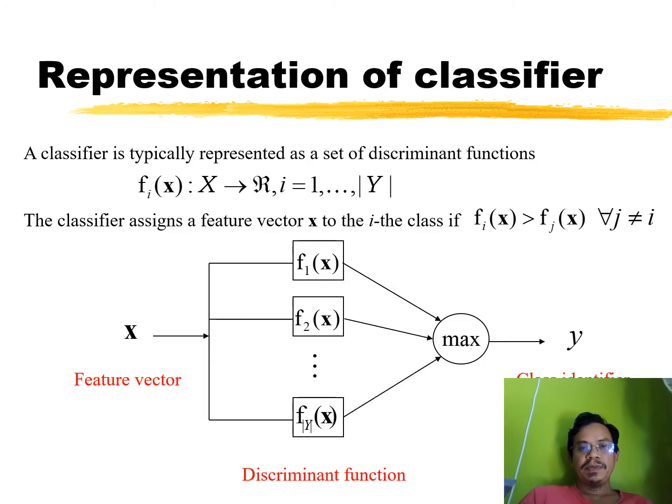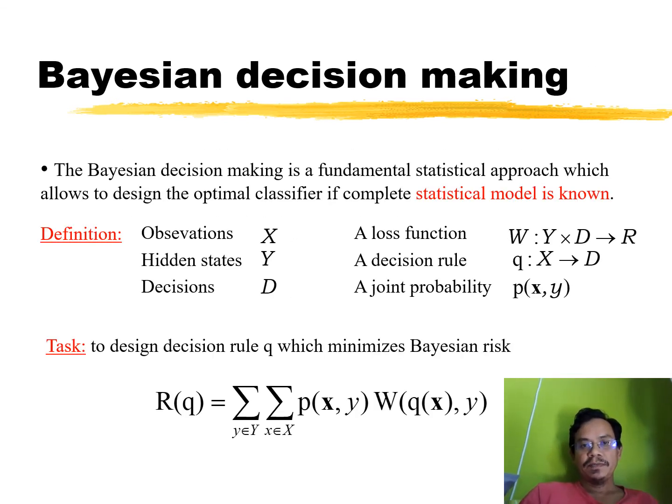Okay, so representation of classifier. This is the way we represent our classifier. We have a feature vector, we have a discriminant function, maximum y. So this is all about how we can design our classifier. So this is a type of classifier.